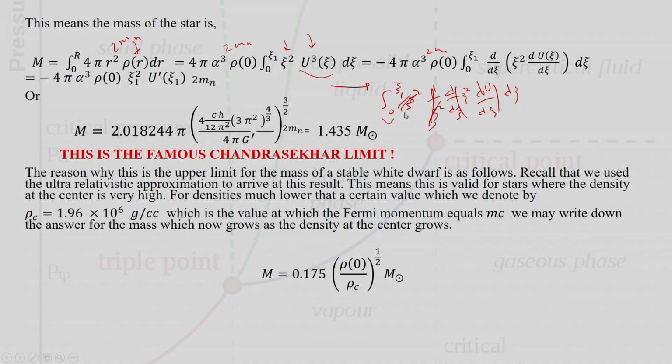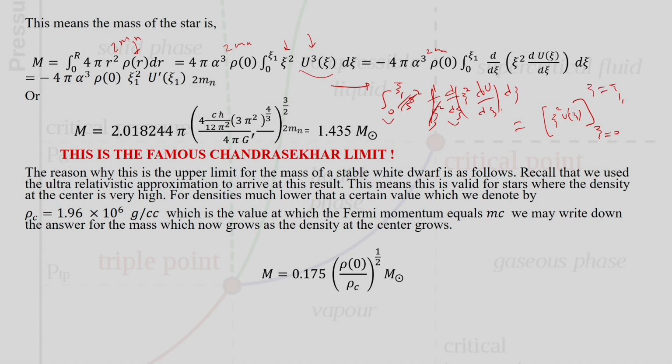So, I am trying to now integrate the derivative, from 0 to xi 1. And what is that answer? The lower limit is just 0, so this is just going to be xi squared u dash evaluated from xi equal to 0 to xi equals xi 1.